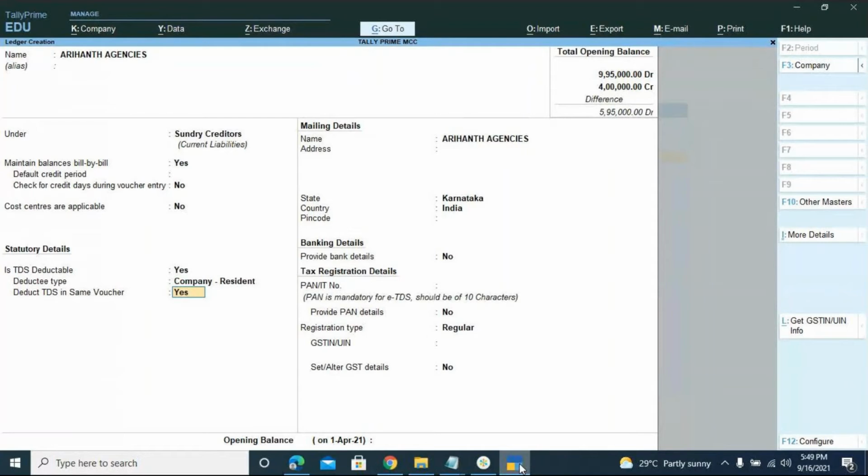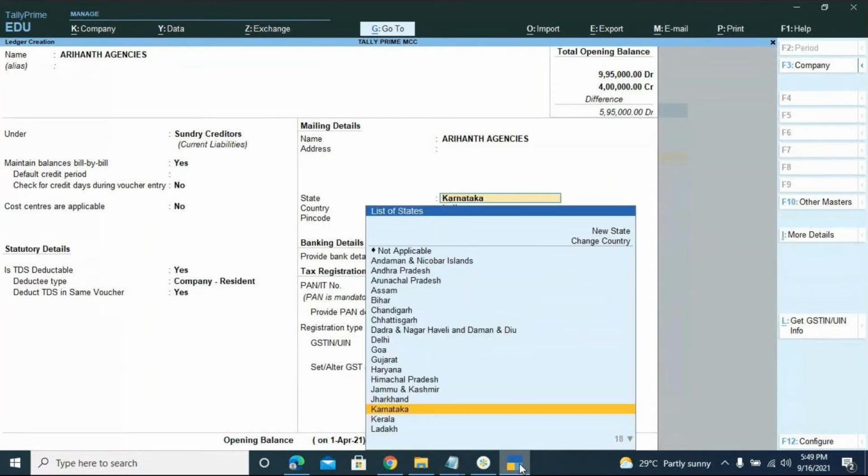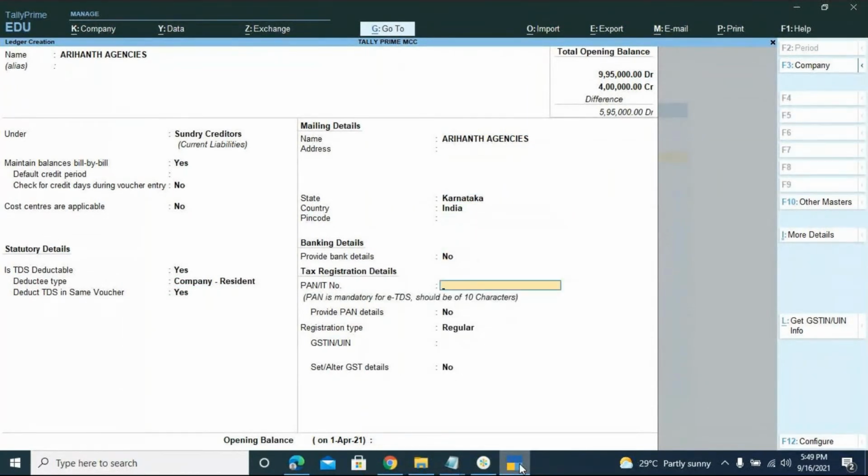Yes. Now you have to come straight here and give the PAN, because if PAN is not given, it goes for a double deduction of TDS. So compulsorily you have to give the PAN number of Arihant agencies, concerned person, I can say.